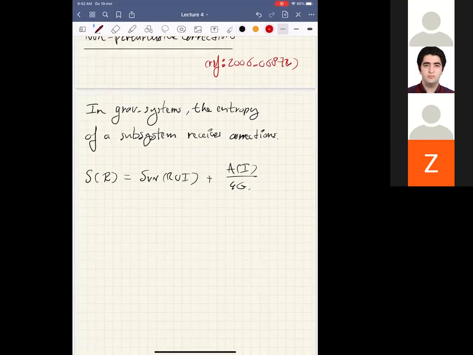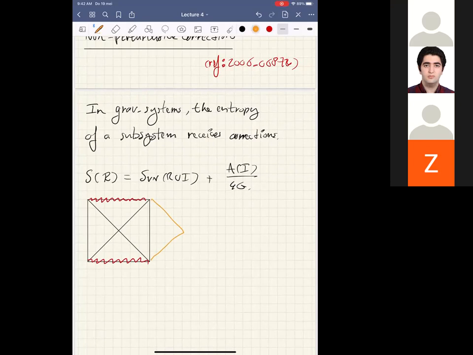So let's say that we want to compute the entropy of a subsystem coupled to a black hole. For simplicity, I will draw a black hole in ADS. There's a singularity here in that case. Now what you can have in mind is that we take this ADS space-time and we glue some flat region to it here, in which gravity is shut off.